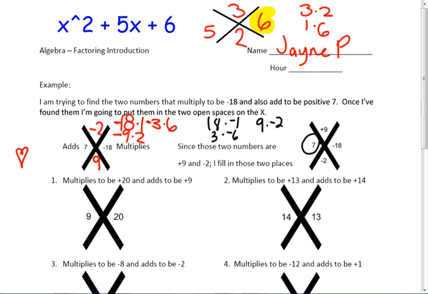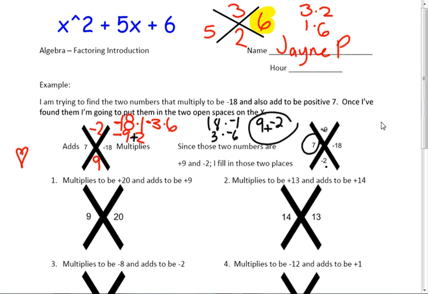I want them to add to give me the 7. So which ones does it have to be? Joey, which ones add to give me positive 7? A 9 and a negative 2. So it has to be this one. And it doesn't matter where you put them there. Yeah, the answer was there for us.